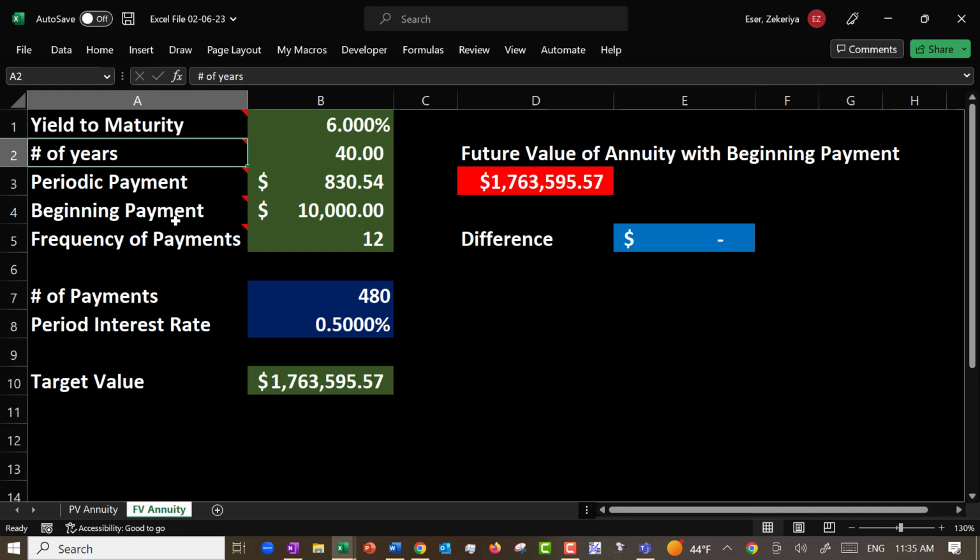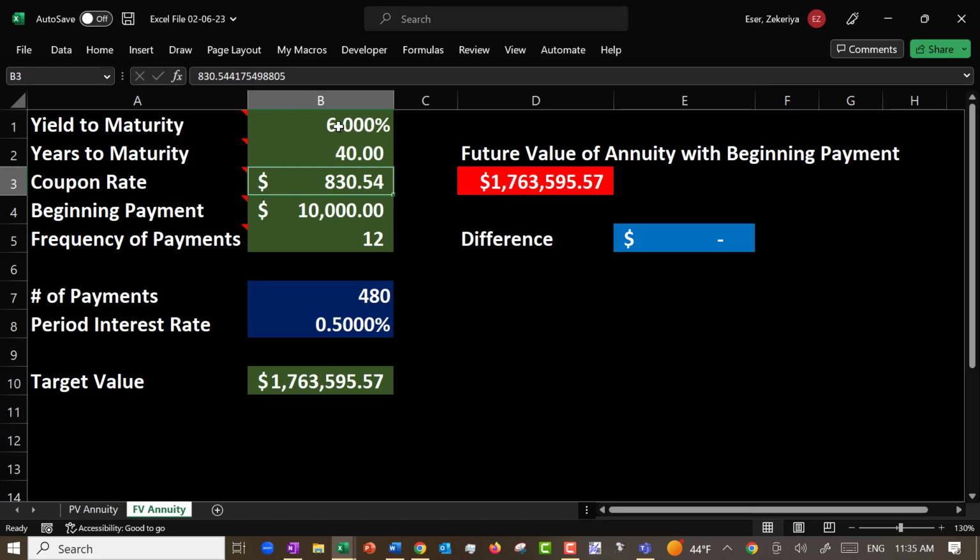For periodic, instead of periodic payment, I'm going to enter coupon rate. Let's put 7%. This is the face value.